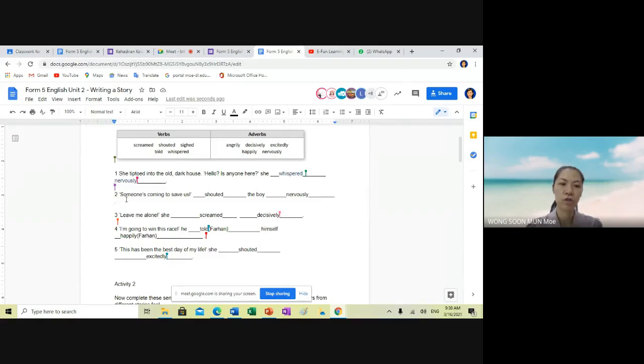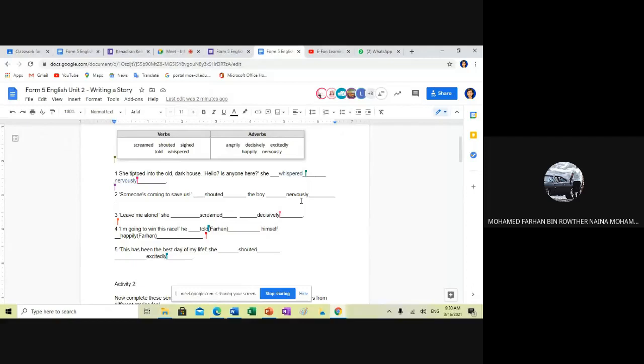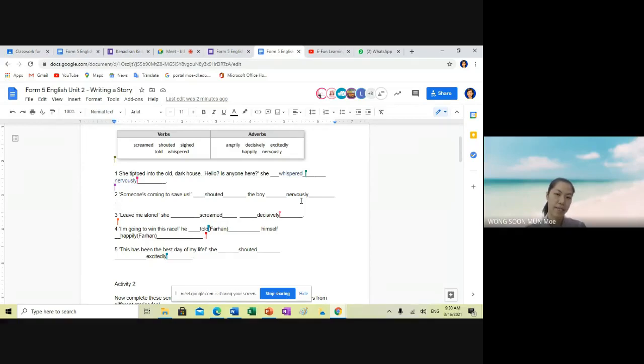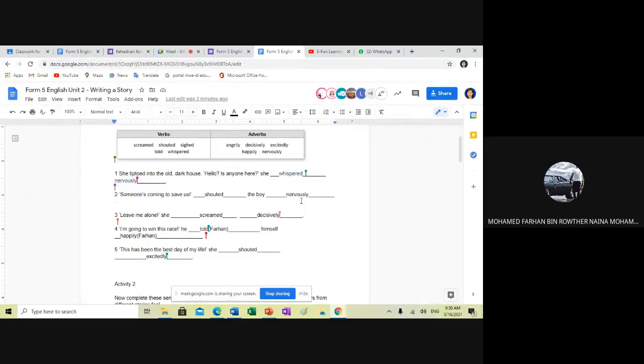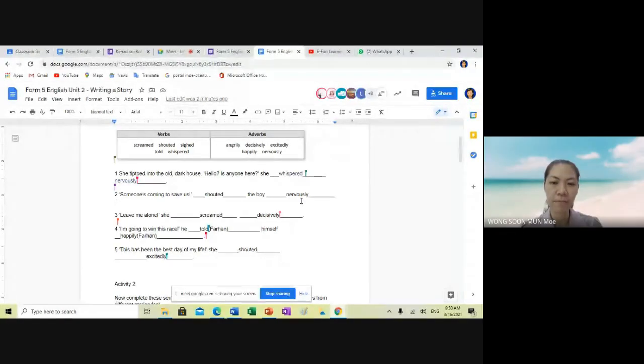Number 2, "Someone's coming to save us," shouted the boy nervously. Everybody agree with this? I didn't agree with the nervously. It should be excitedly. Why? Because if anyone is coming to save us, we should be excited, not nervous. Any other explanation?